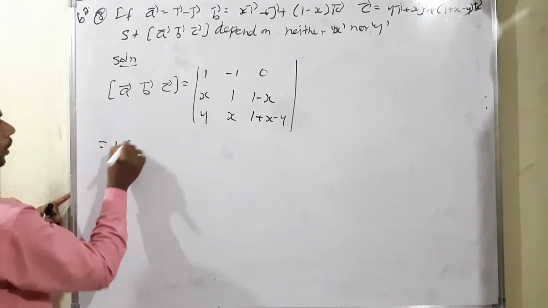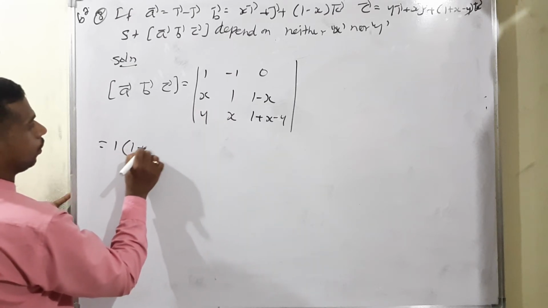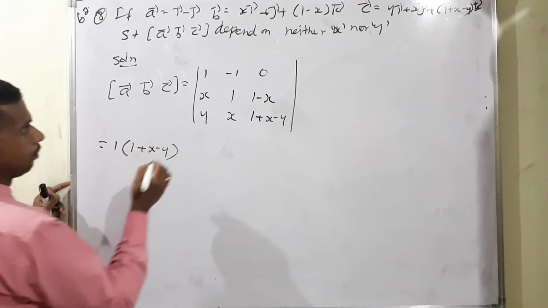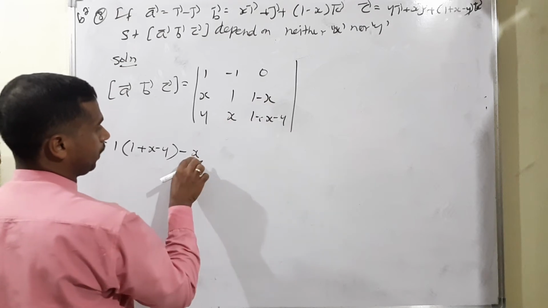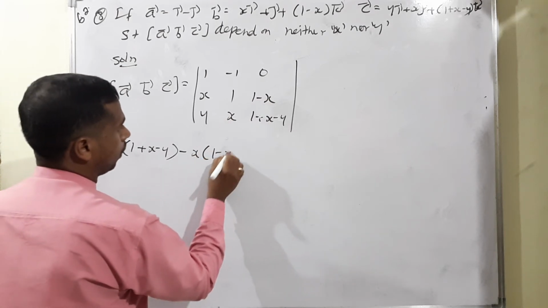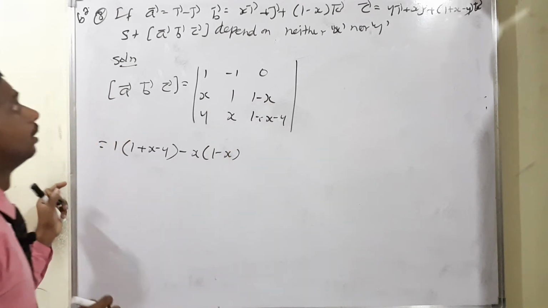Now 1 into 1 plus x minus y is the same. Again minus, because of cross multiplication a minus sign is added, 1 minus x.